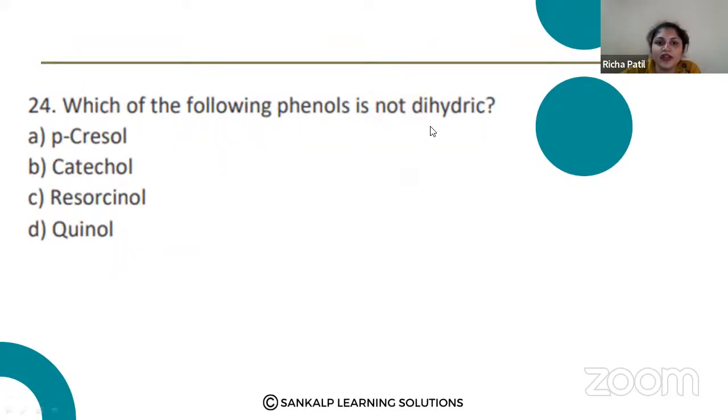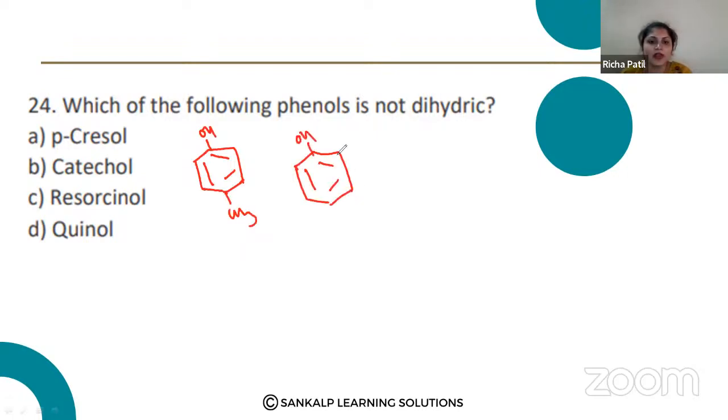Which of the following phenols is not dihydric? Paracresol, the structure of paracresol is OH and CH3. Catechol is OH and OH.